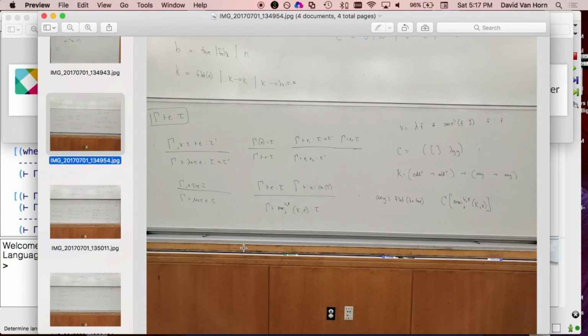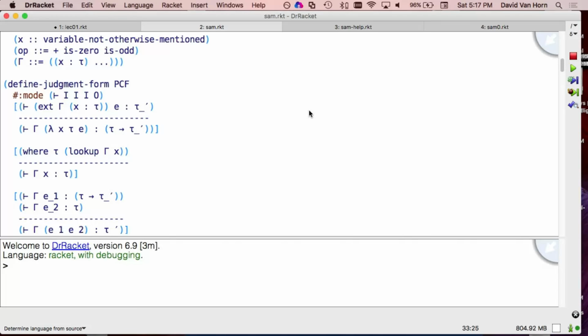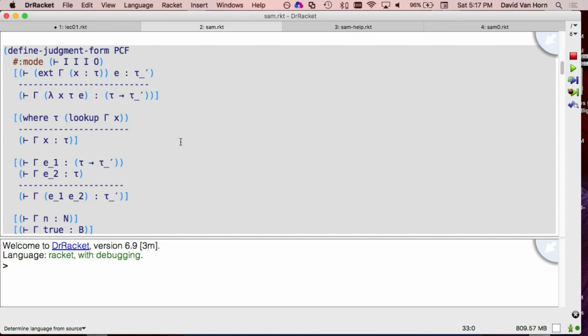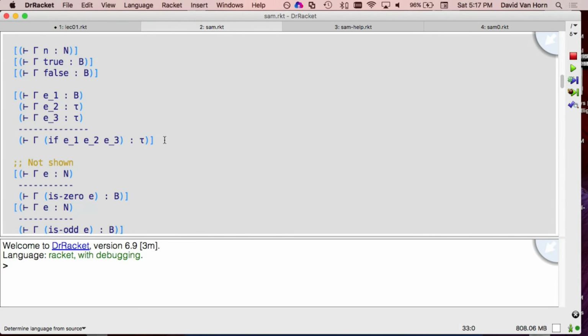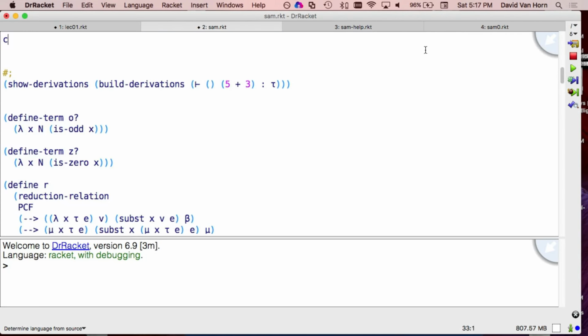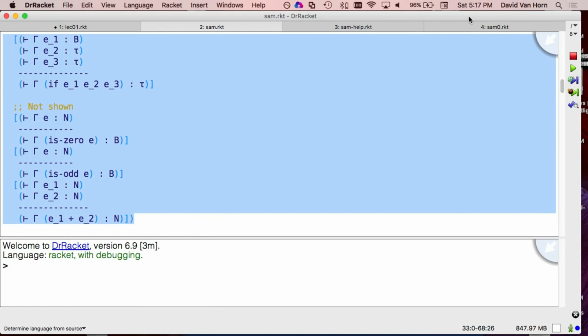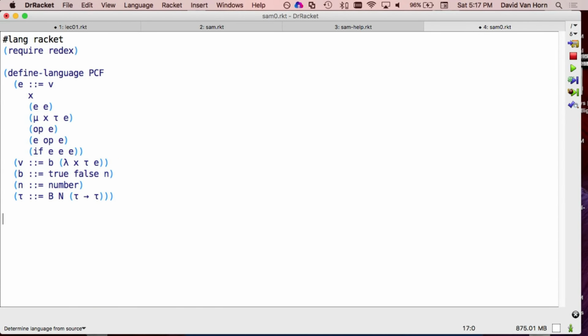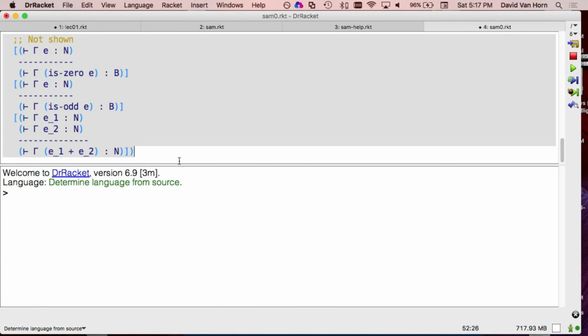He's defined up in the corner here a judgment that takes a gamma and an expression and relates it to a type tau. And then he inductively defined it with these inference rules. So I can do exactly that. So let me just bring this over. Oh, I keep doing that. Oops.